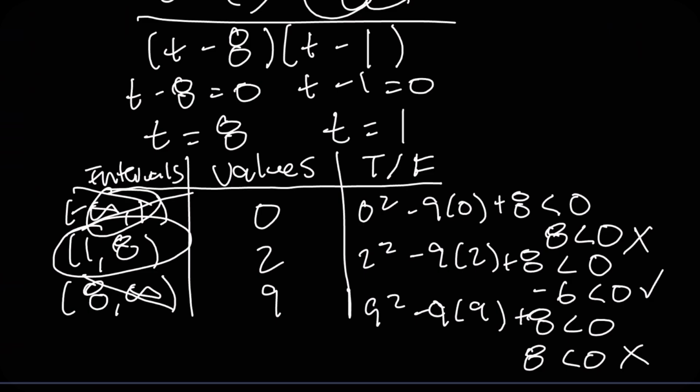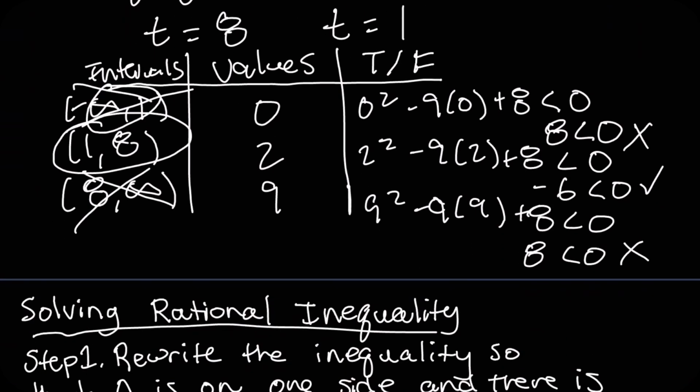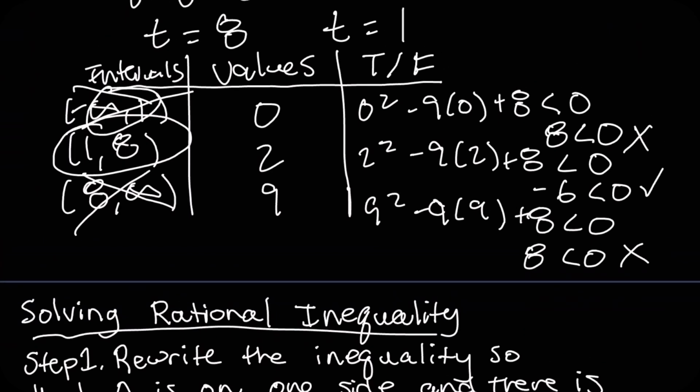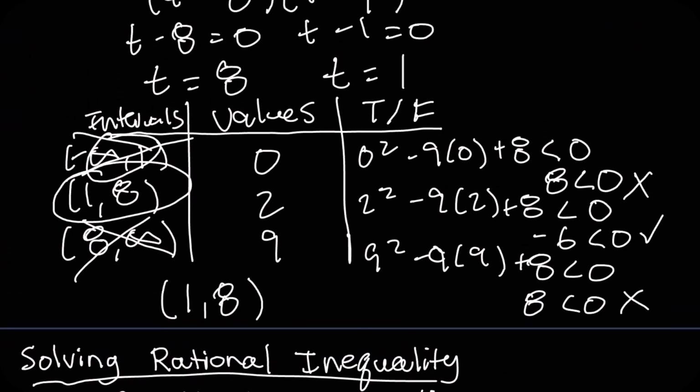So we will not include that interval. So our final solution is 1 to 8 for our intervals when our potential rocket is going to be 128 feet above the ground.